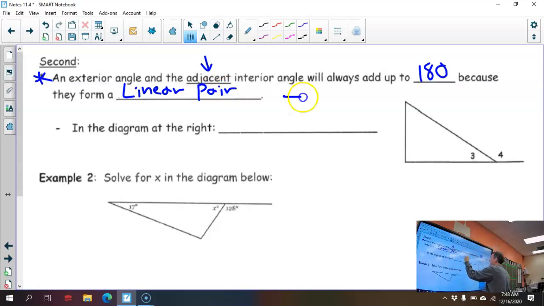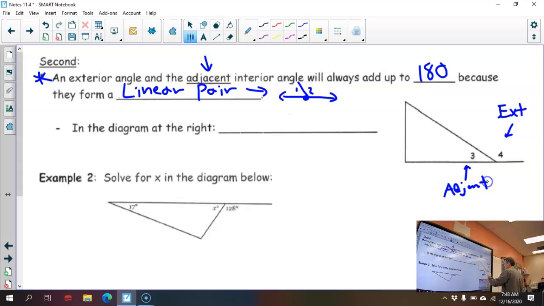A linear pair, that's when you have a line, and at some point on the line, you split it into two angles. That's what a linear pair is. And look at the diagram. That's what we have. This is the exterior angle, and this is the adjacent interior angle.